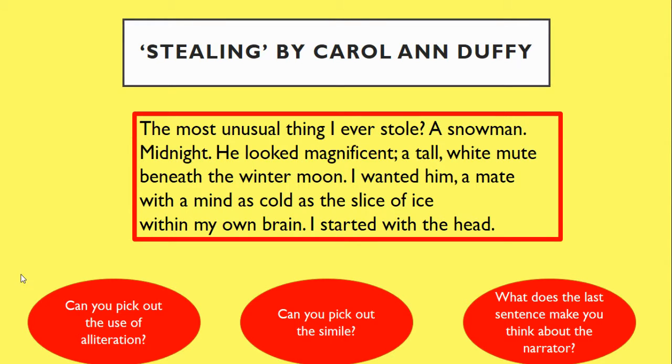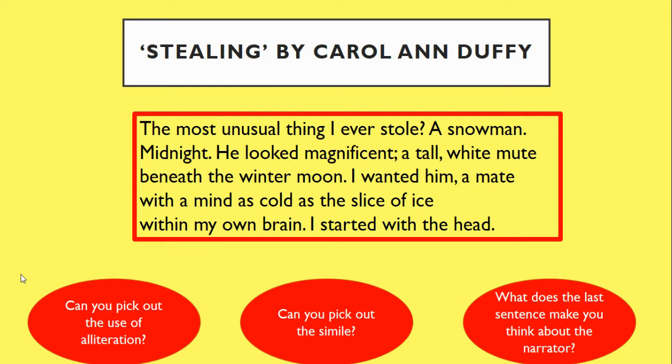Alliteration is the repetition of letters at the start of words. Now, these letters are normally consonants. For example, Betty Botter bought some butter. So consonants are B, C, D, F, G, H, etc. So can you pick out the use of alliteration, so words starting with the same consonants?